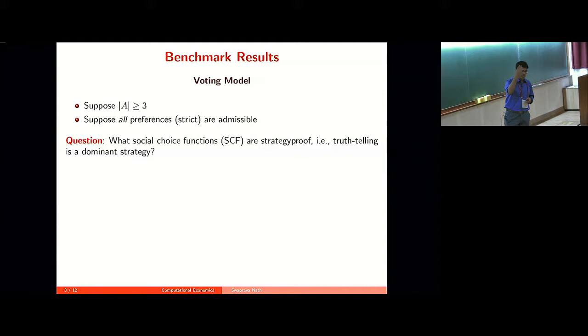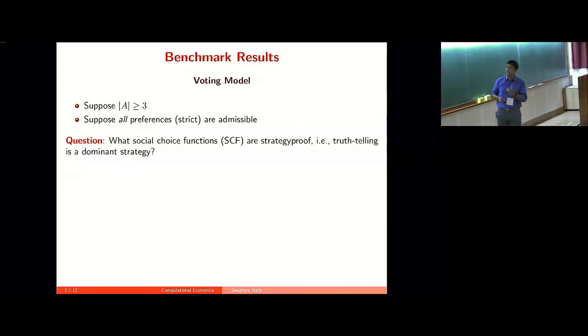So that means he or she is the dictator, and whatever she likes the most is going to be the social outcome. This is also truthful because that particular individual has no reason to manipulate, because her most favorite candidate is winning, and for others it does not matter. So they are also weakly truthful.